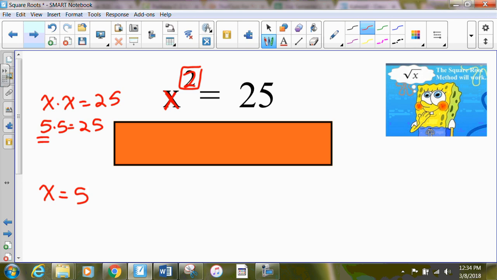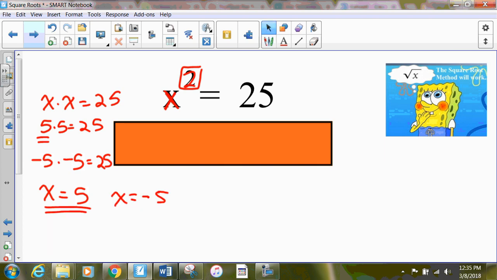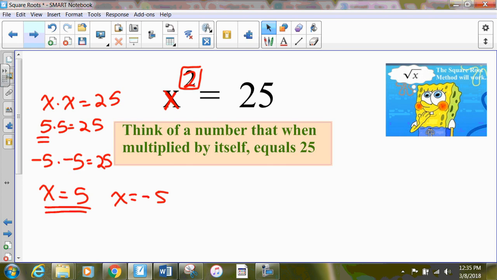Think about it for a second. That's right. I'm hearing some of you thinking, wait a minute, -5 times -5 also equals 25. Isn't that true? So x could equal 2 things. Either x could equal 5 or x could equal -5.